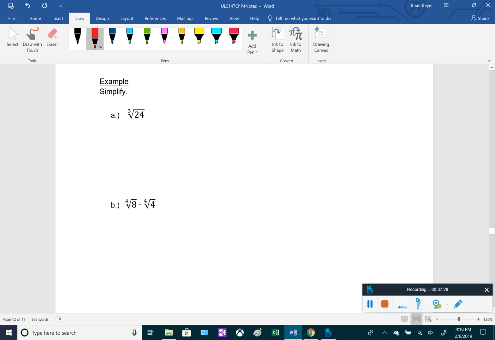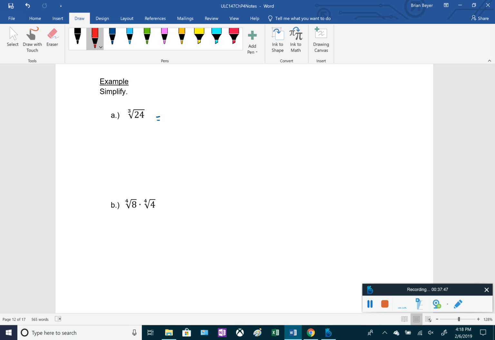So for the first one, we have the cube root of 24. It's a little bit harder to think of perfect cubes, it would be called. So what we're going to try to do is think of a perfect cube that's a factor of 24.